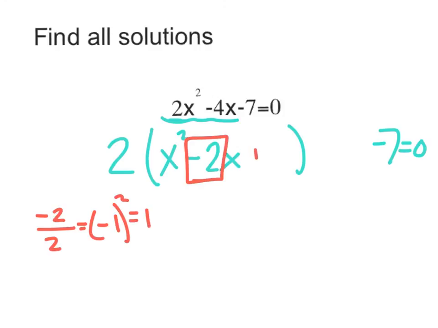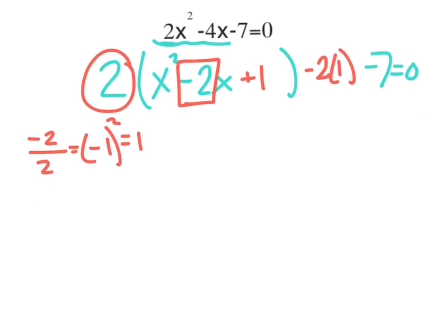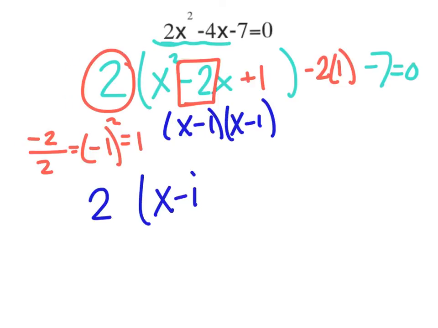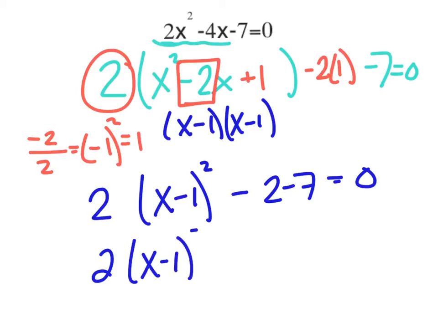So I'm going to add 1, and I'm going to subtract 1, but remember, I got to multiply by that 2, so I'm going to do 2 times 1. So I'm going to say this is 2 times, would you agree this is (x - 1)(x - 1)? So 2(x - 1)² - 2 - 7 = 0. So I've got 2(x - 1)² - 9 = 0.